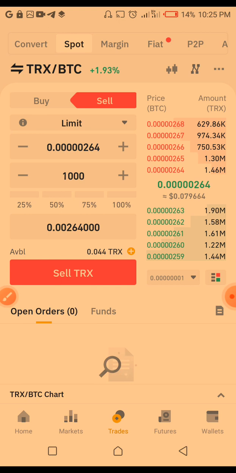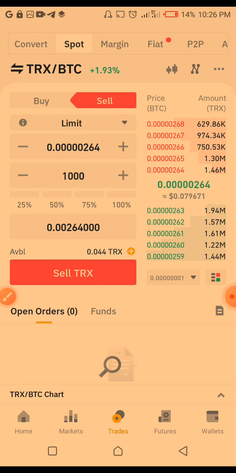So you can say you want to sell when the price reaches this 263. Or, since you want to sell at a profit, you can say when the price reaches 0.000270.